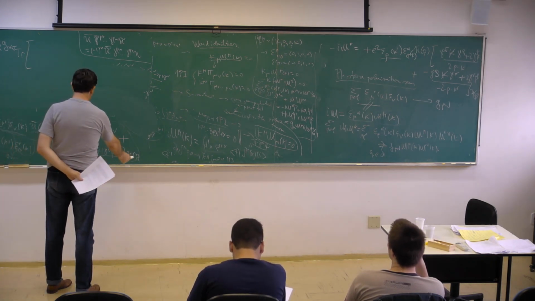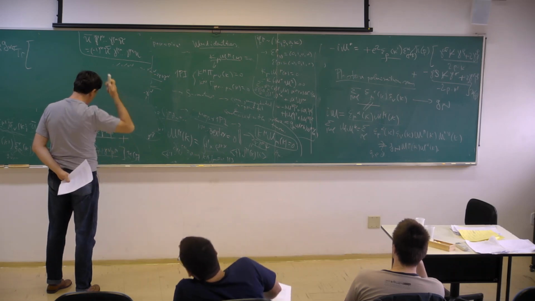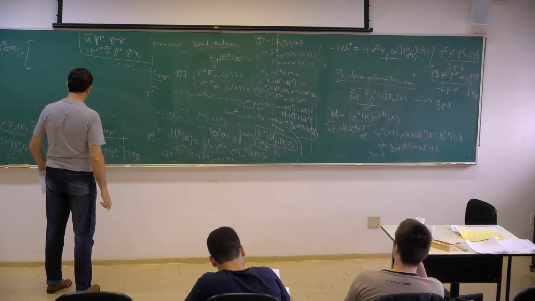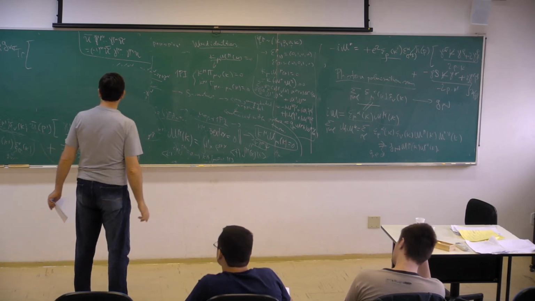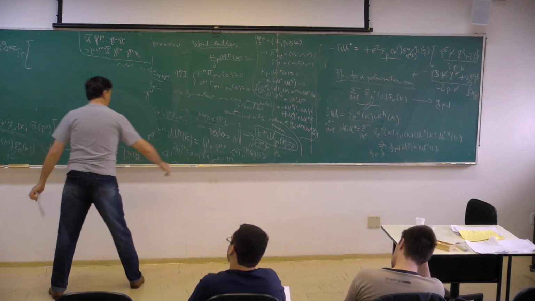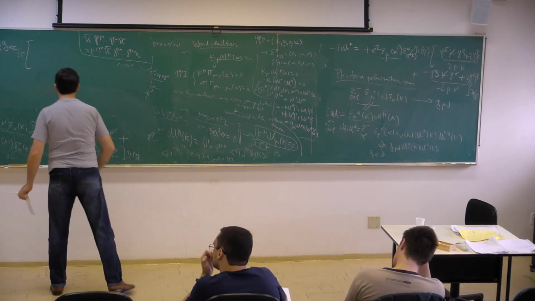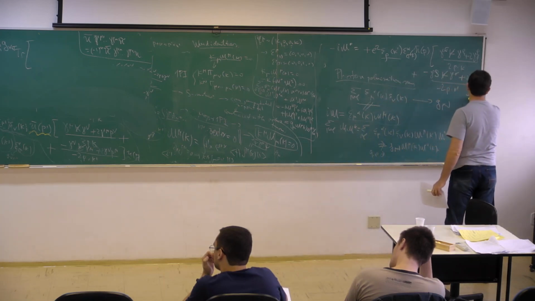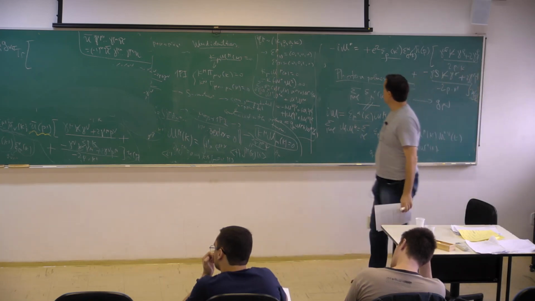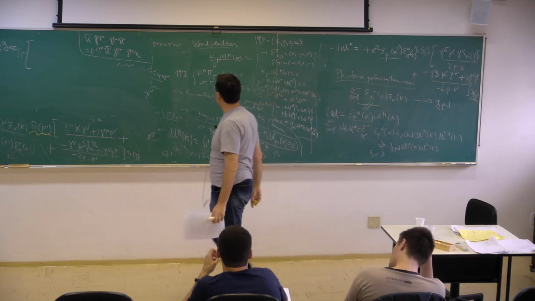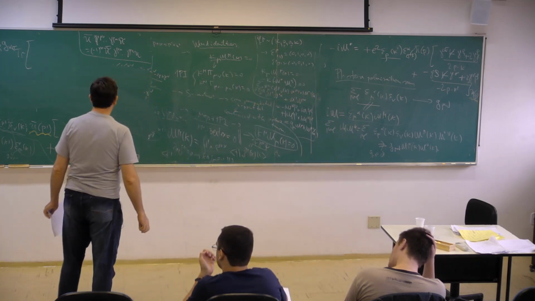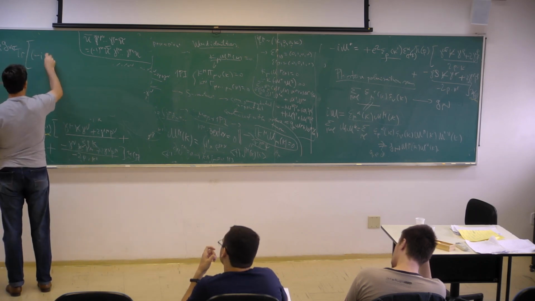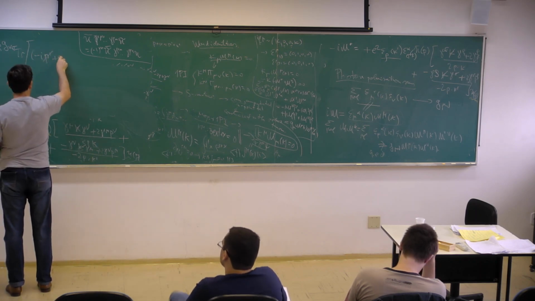And let's see how we get that. We get this u bar of p prime. And from this you get u of p prime. So u of p prime times u bar of p prime is minus i p prime slash plus m.